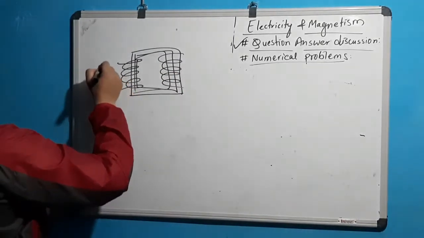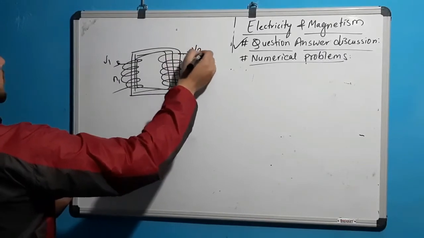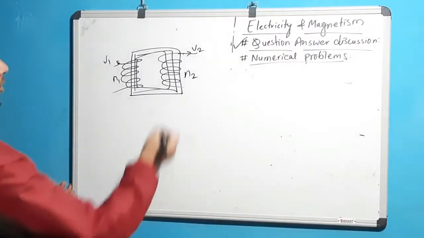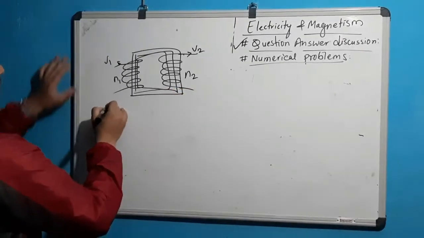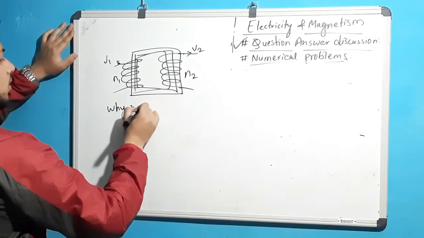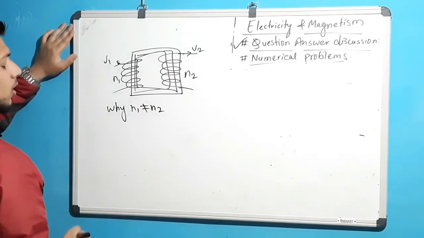This is N1 and input is V1. Output is V2 and winding number of turns is N2. Why does N1 not equal N2? Why are the numbers of turns not equal?